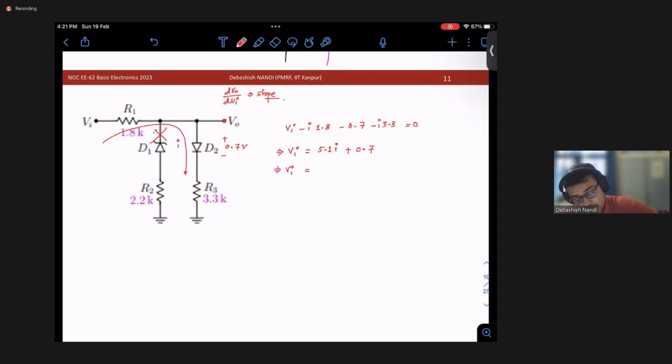So what would be my I in terms of V naught? I can be simply written as Vi minus V naught by 1.8.